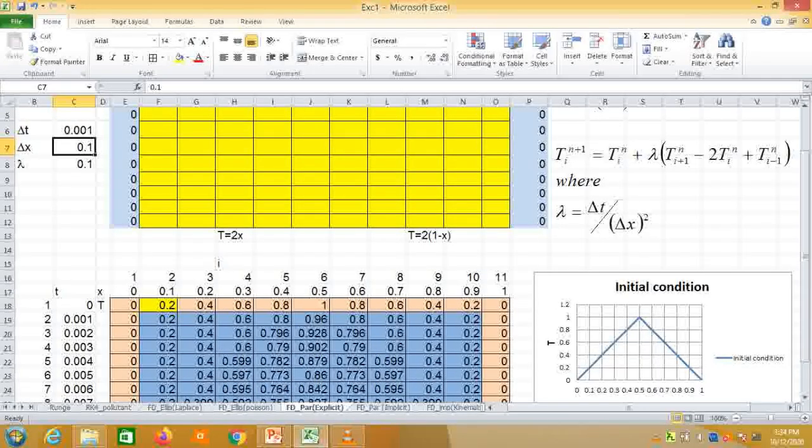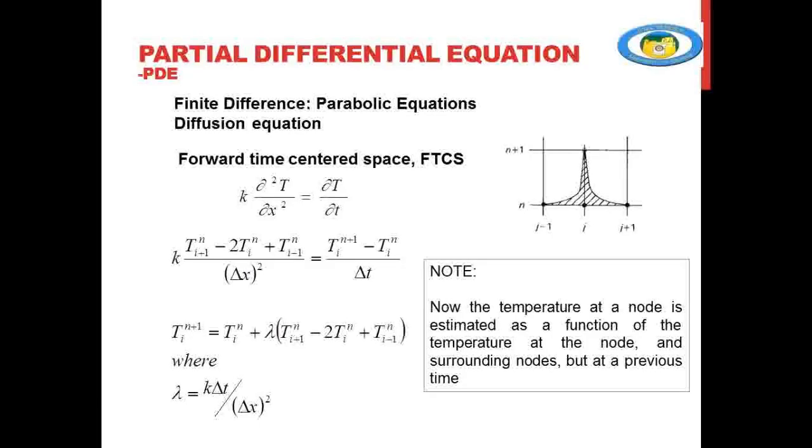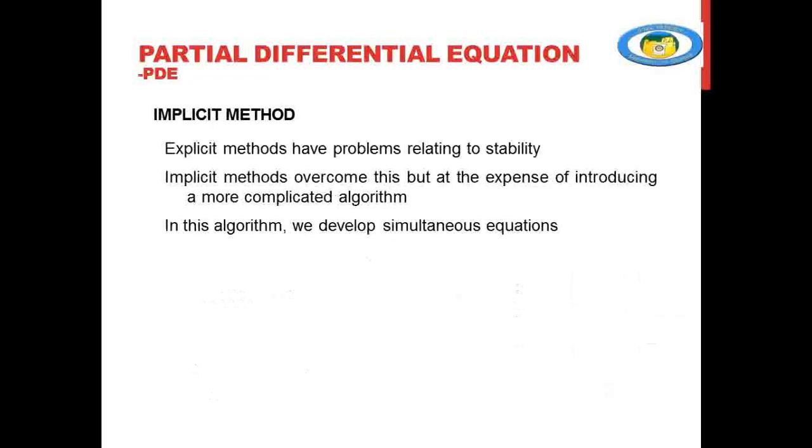So this was the explicit scheme, remember? Explicit schemes have problems relating to stability. But implicit methods would overcome these problems by introducing more complicated algorithms. Typically, you need to develop simultaneous equations.